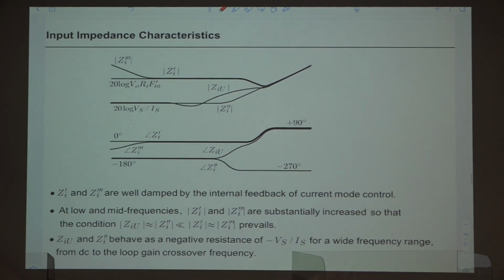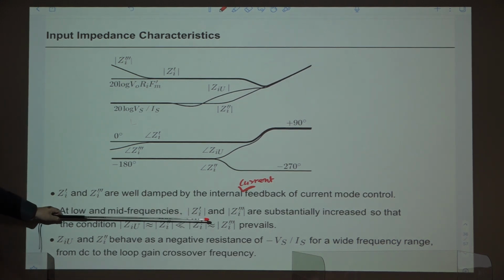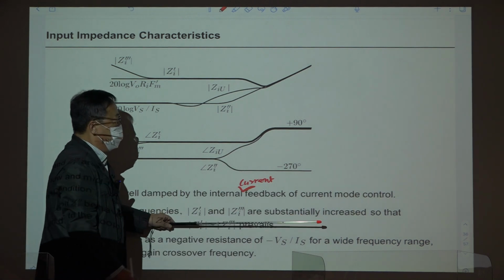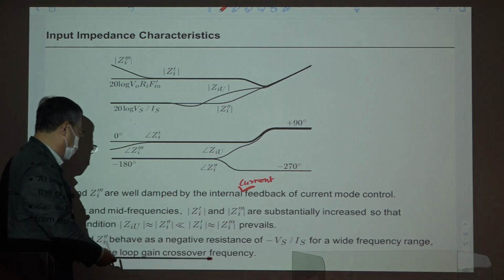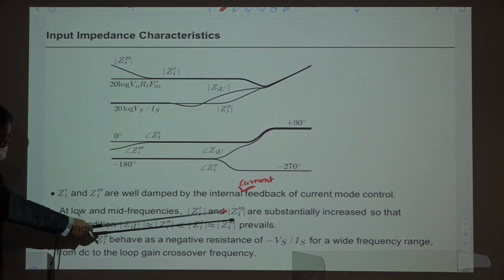This is the summary of the previous analysis or previous observation, okay? So the GI prime and the GI triple prime are well damped by the internal current feedback. I need current here. Current feedback mechanism is embedded in the current mode control. Okay? So at low frequencies, GI prime and the GI triple prime are substantially increased, so that there is a relationship of this one.